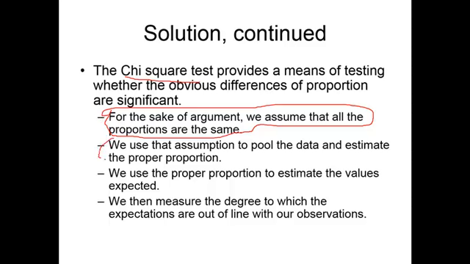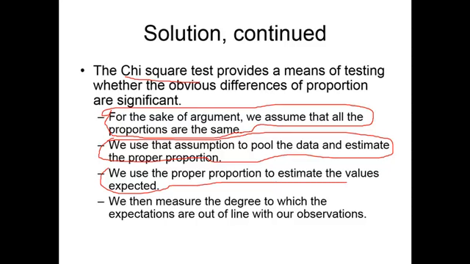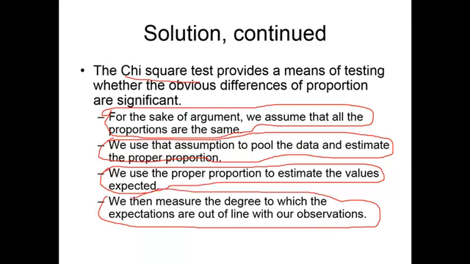We then can use this assumption to pool the data and estimate what the proportion of candy consumed is. We then use the proper proportion to estimate the values that we expect, and then we measure the degree to which our expectations are out of line with our observations.